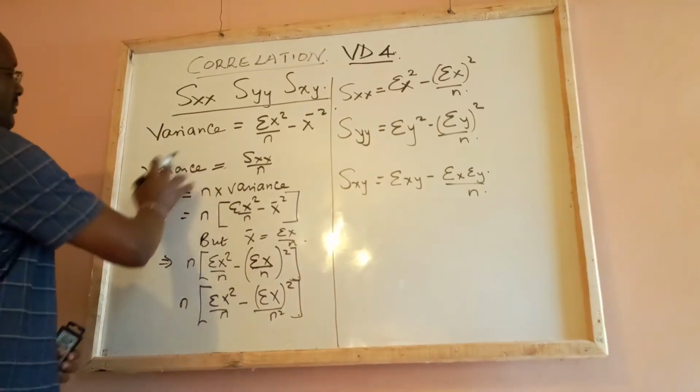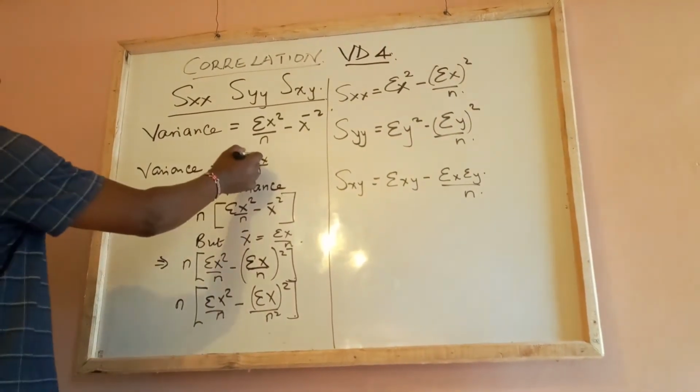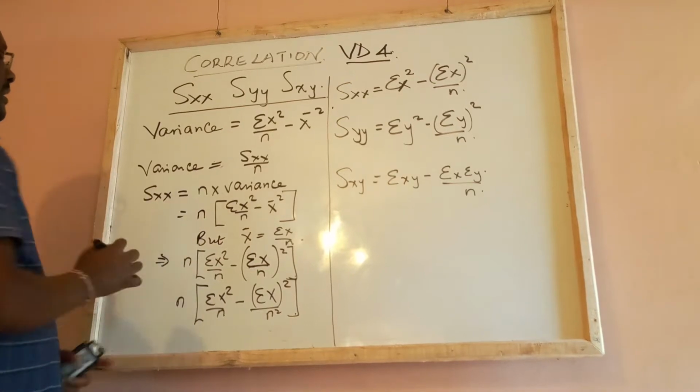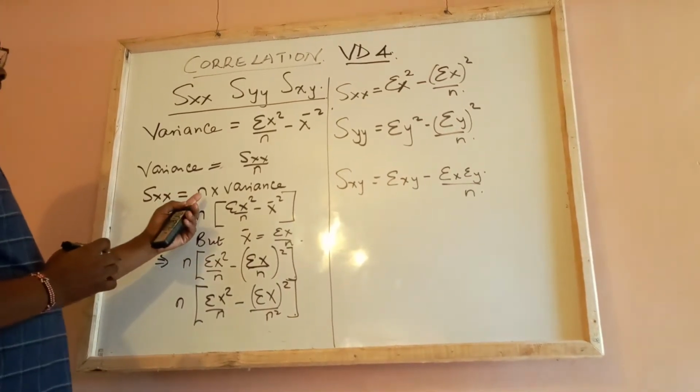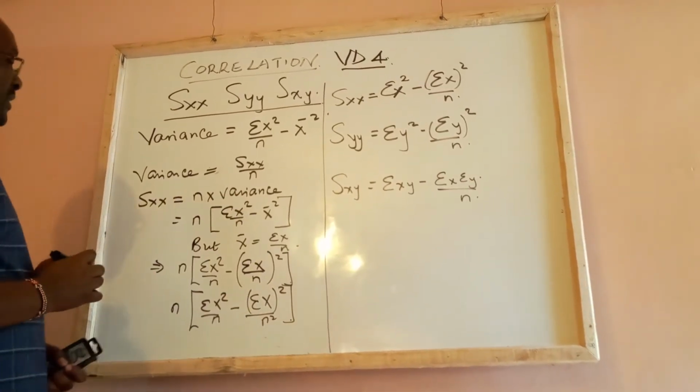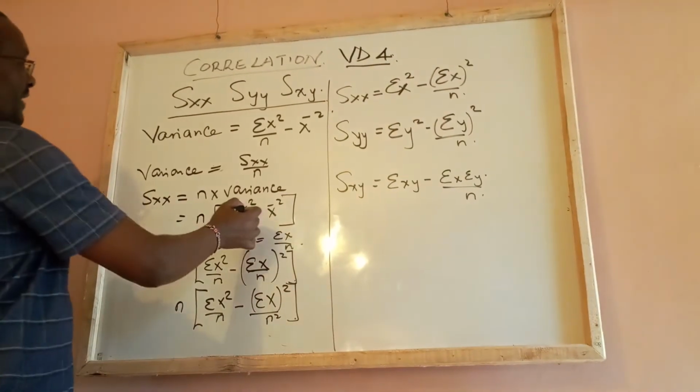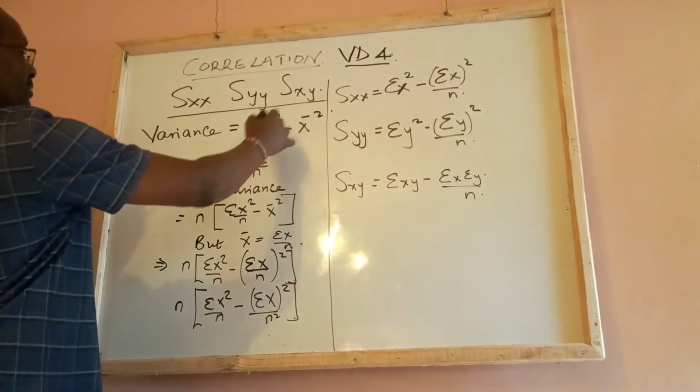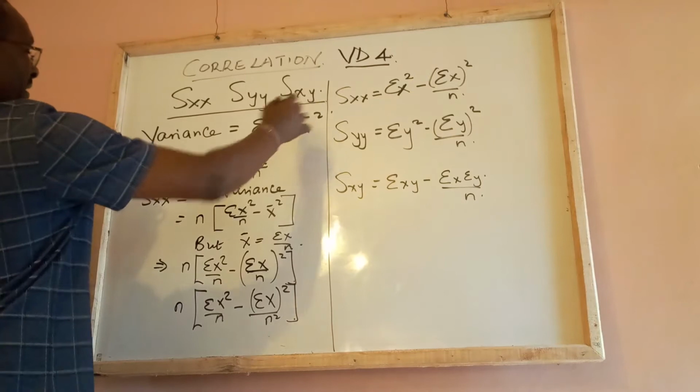If we cross multiply this and make Sxx the subject of the formula, we find that it's going to be n times the variance. Our variance is sigma x squared over n minus x bar squared.